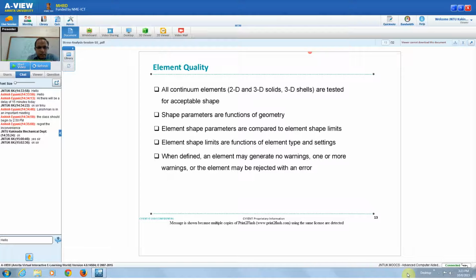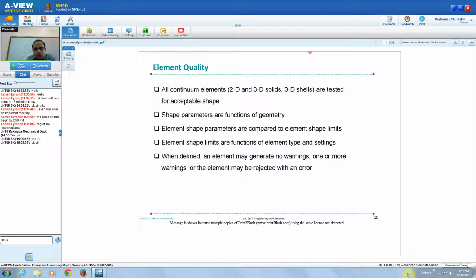This is on element quality. Whenever we do finite element modeling, we always need to check whether the finite elements modeled are in proper shape or proper condition.